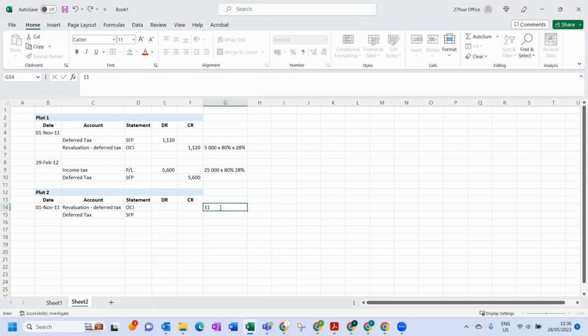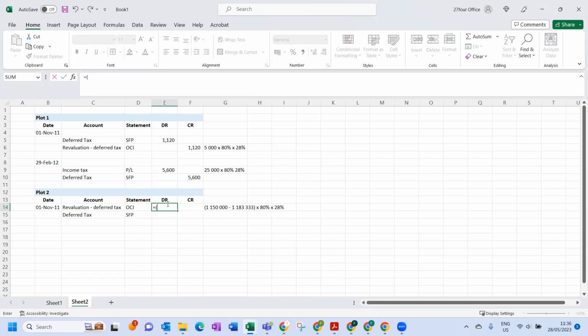So 1150 minus 1183, multiplied by 80%, multiplied by 28%.